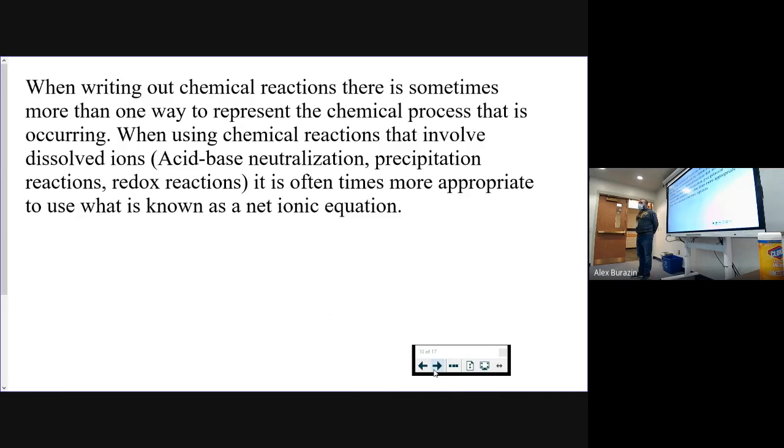Aqueous ions, meaning ions dissolved in water, are extremely common from here on out. We're going to spend a lot of time looking at various reactions that have dissolved ions in solution.